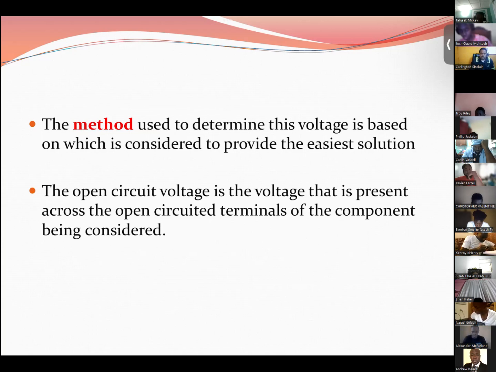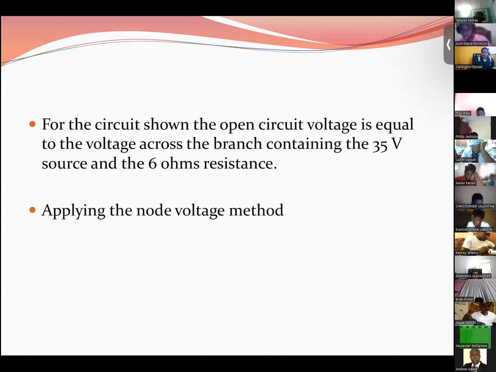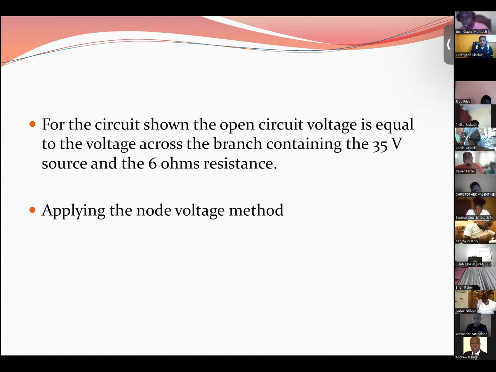And as we said earlier, the open circuit voltage will be the voltage across the combination of the 6 ohm resistor and the 35 volt source. Now, because of what we're trying to find, the easiest or most appropriate method may be the node voltage method.